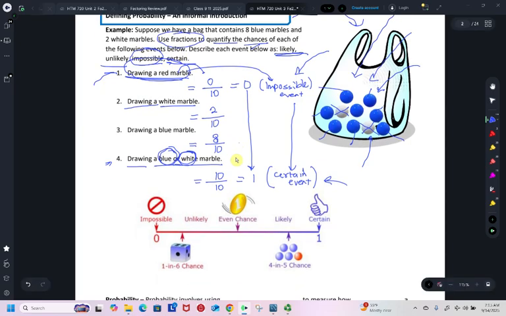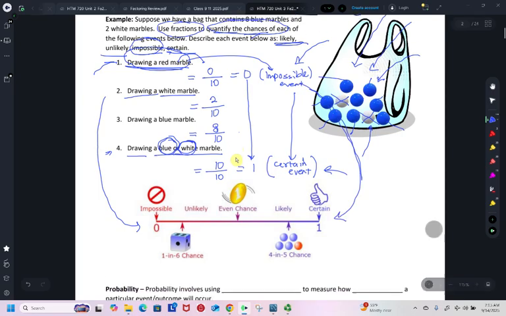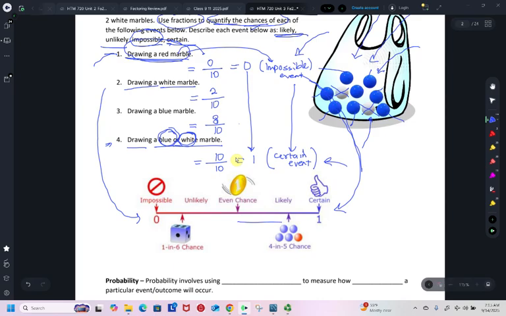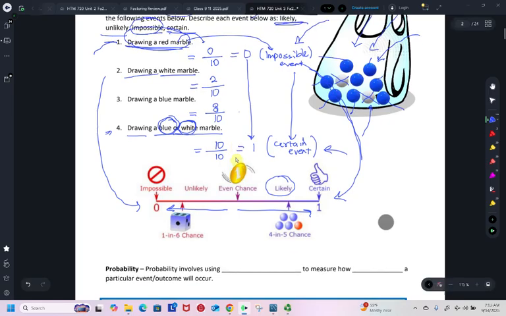This sets us up for how we use numbers to quantify the chances or the likelihood that an event will occur. So as it is, we start off from an impossible event and we can go as far as a very certain event. The closer that fraction is to 1, the more likely it is, and the closer it is to 0, the more unlikely it is.